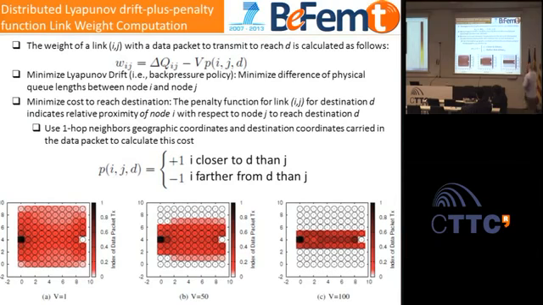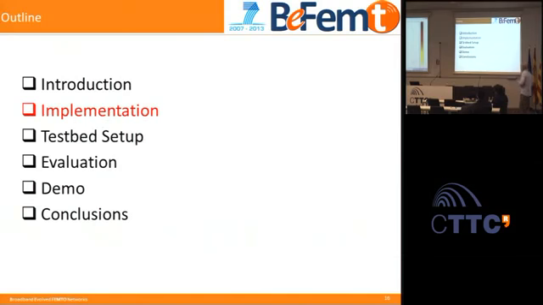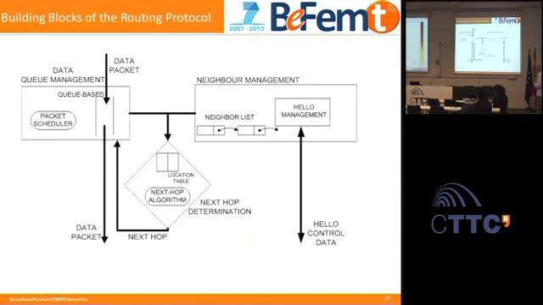Well, this is just a reminder of how the routing protocol we just explained works. I'm not gonna enter in the details, so just recall that we have two components, minimization of the Lyapunov drift and the minimization of the penalty function weighted by this B parameter. And let's go to the implementation details.